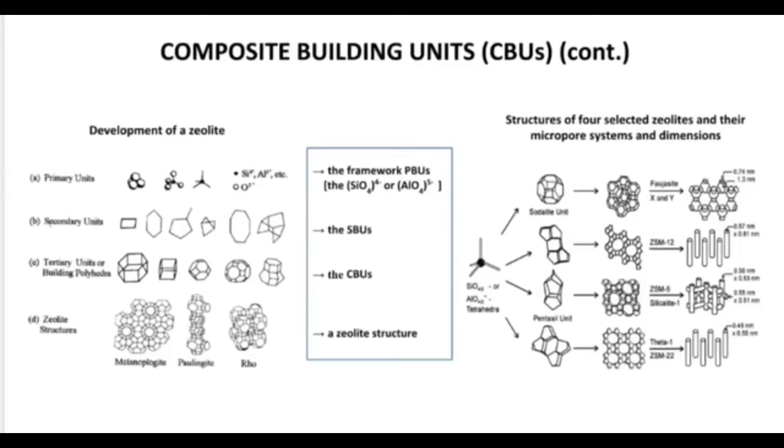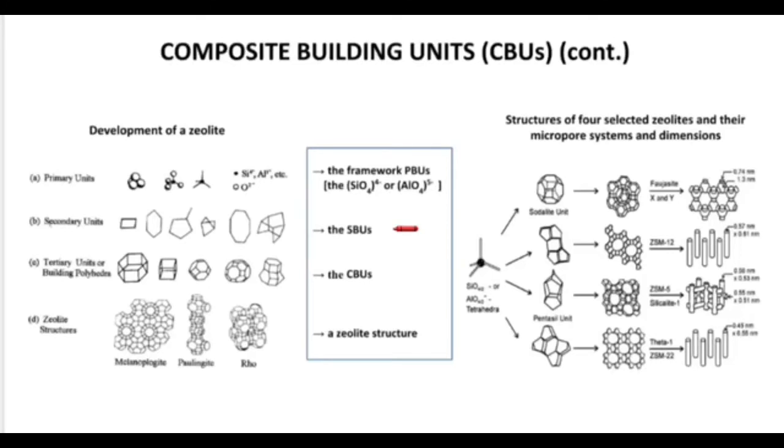And then we move to the secondary building units, where the tetrahedra are connected by silicon or aluminium through their corners of shared oxygen atoms to form a wide range of small secondary building units.